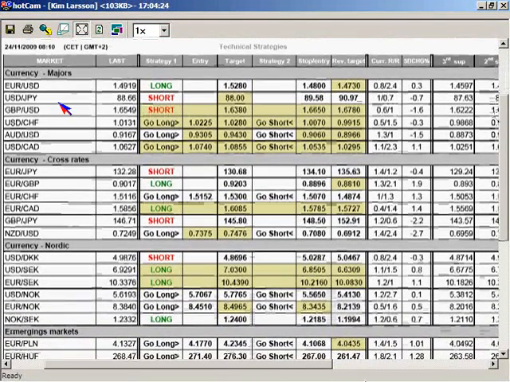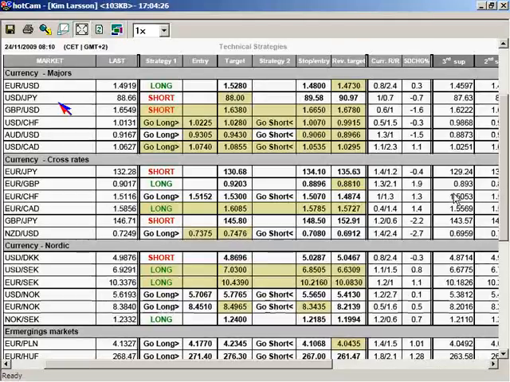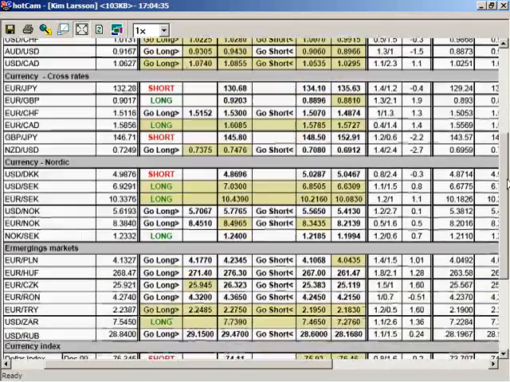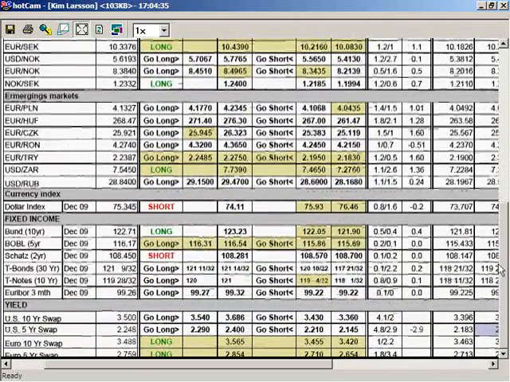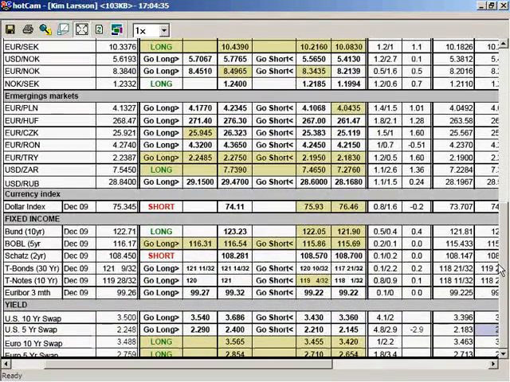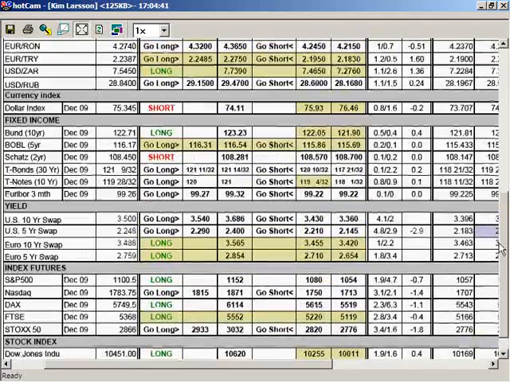To the left, we have the markets. We have some FX currency majors. We have some cross rates, some Nordic or Scandi FX rates, if you will. We have some emerging markets crosses, and we have the dollar index down here.